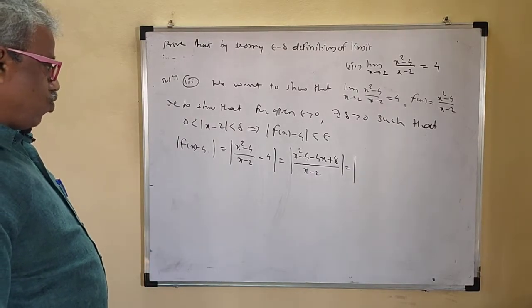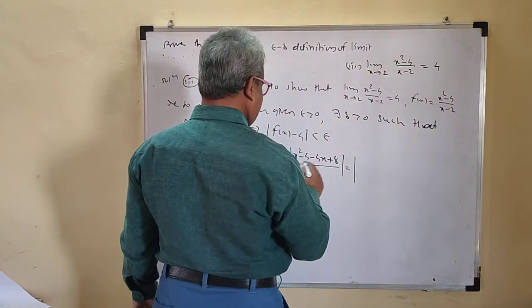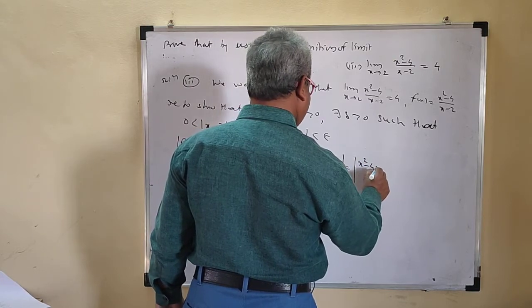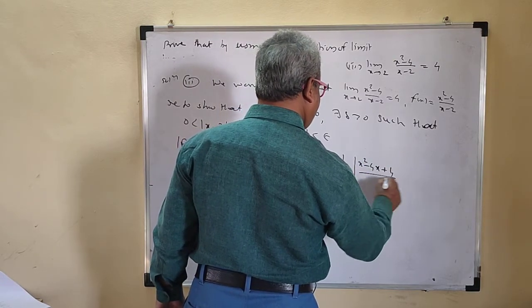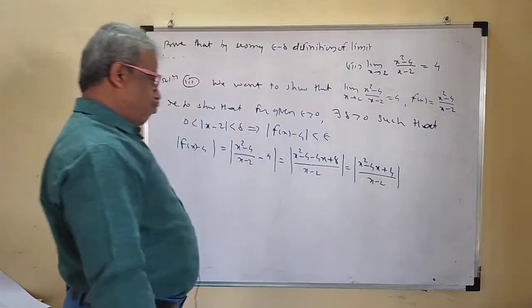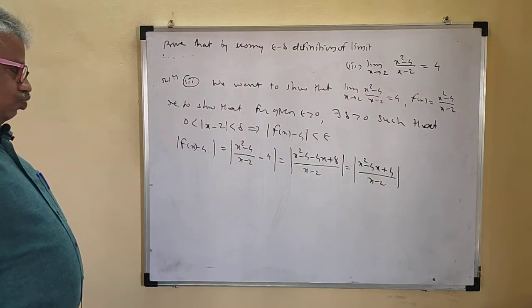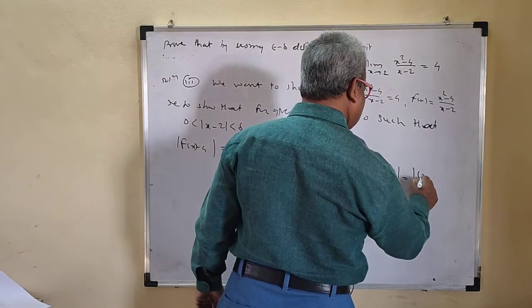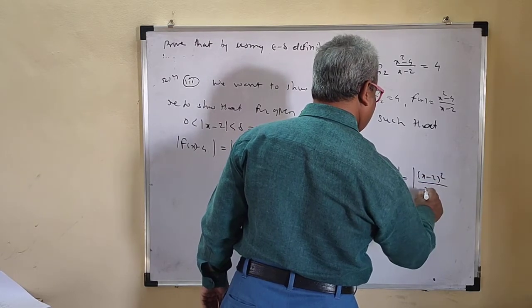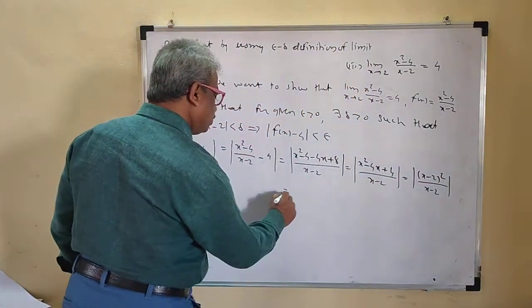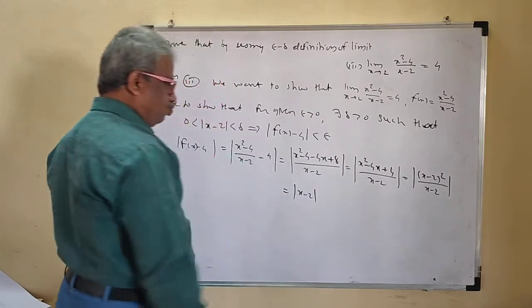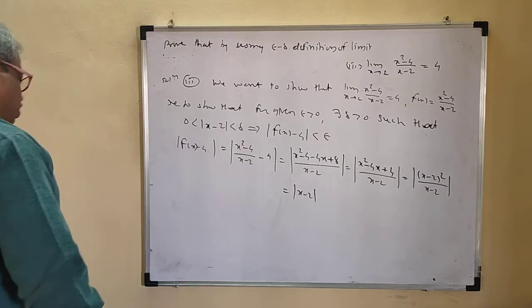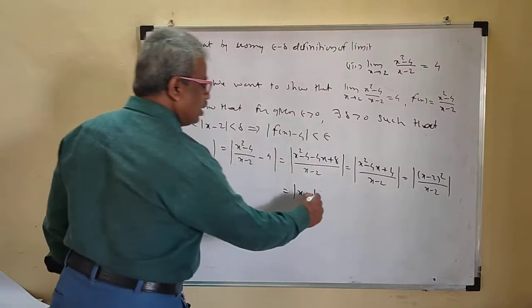So this is the same as x square minus 4x plus 4 upon x minus 2. So this is nothing but x minus 2 square upon x minus 2, and this is nothing but x minus 2. Directly we get x minus 2 now, and this is less than epsilon.